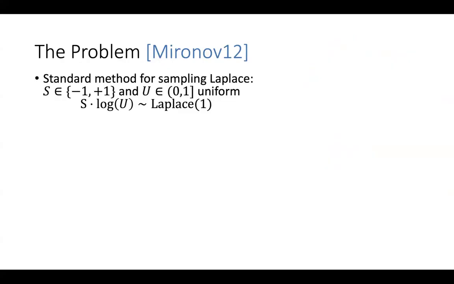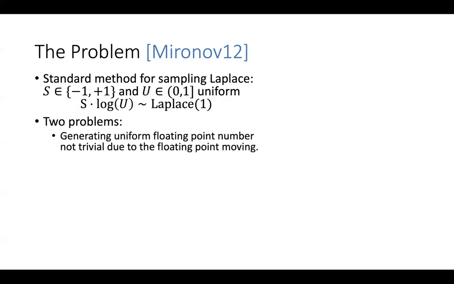So here's the standard method for generating a sample from a Laplace distribution. You generate a random sign, S, and then you take a uniform random variable, U, and you multiply the sign by the log of the uniform random variable. And that's going to give you a Laplace distribution. And there's two problems that come up here.